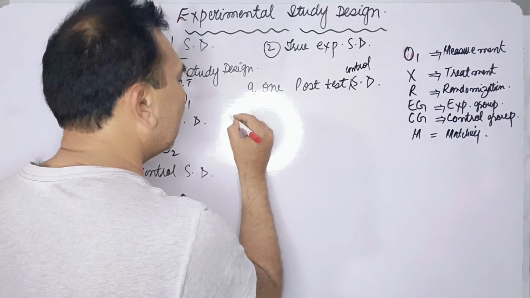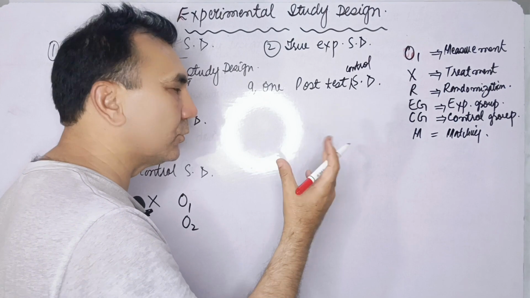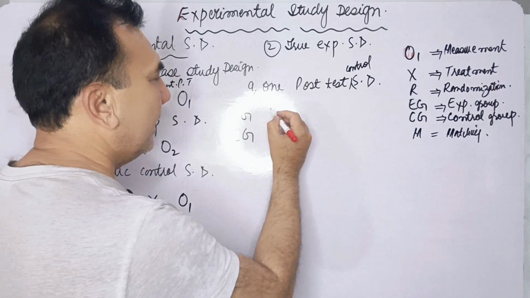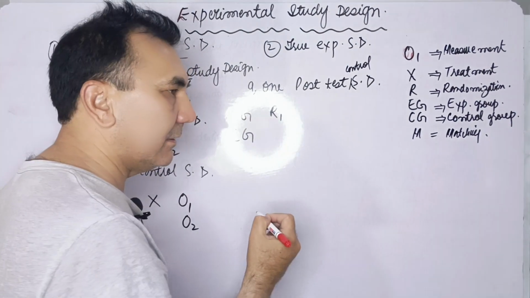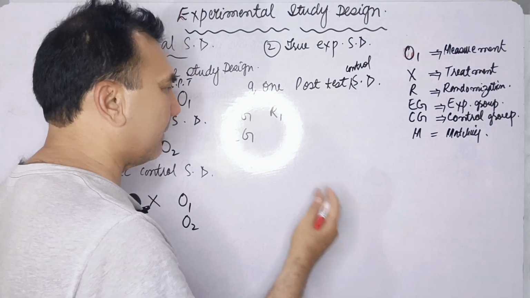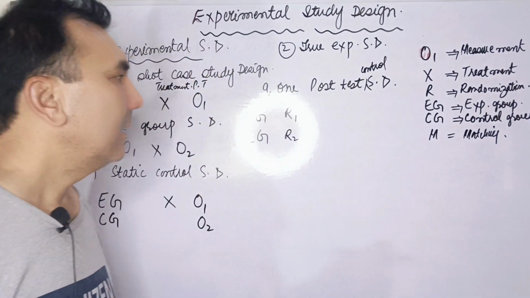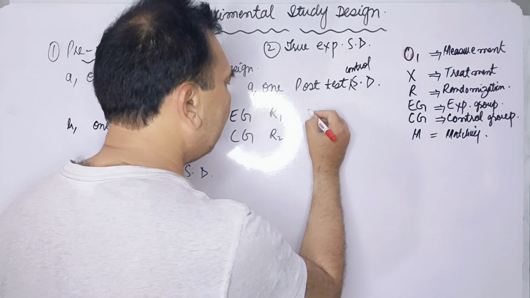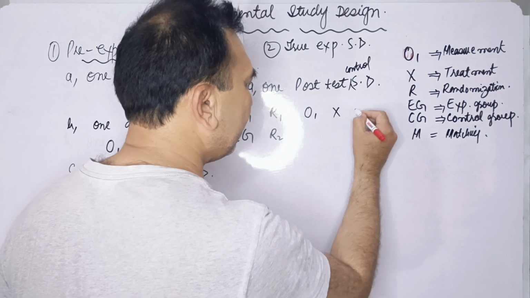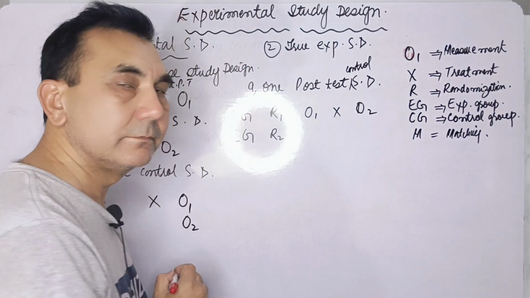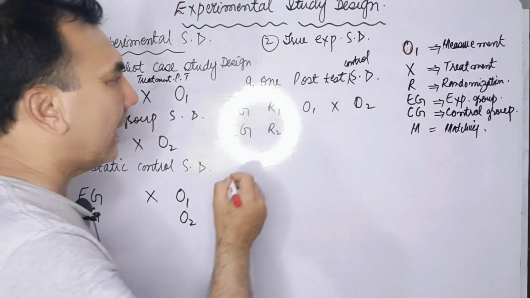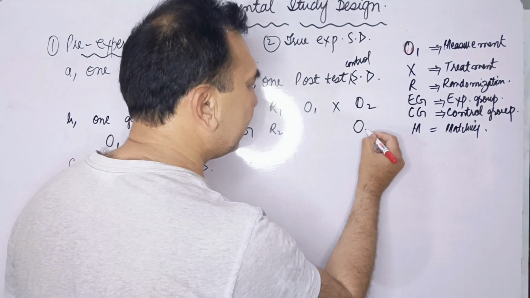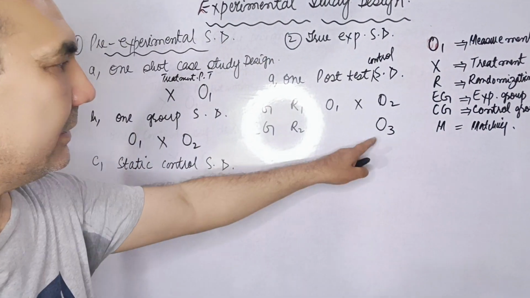The researcher makes two groups, the experiment group and the control group, selected by randomization. In the experiment group, the researcher does the pre-test, the experiment, and the post-test. In the control group, he conducts directly the post-test.